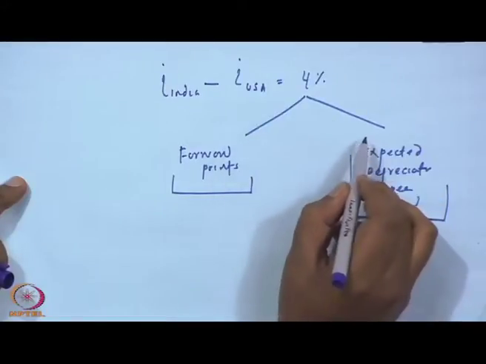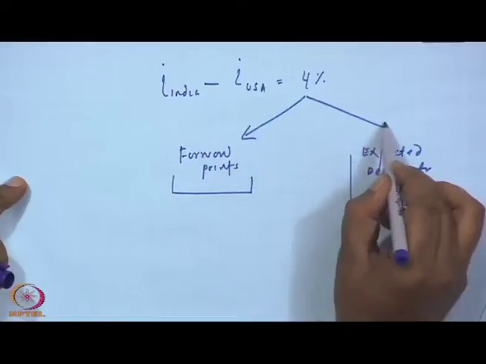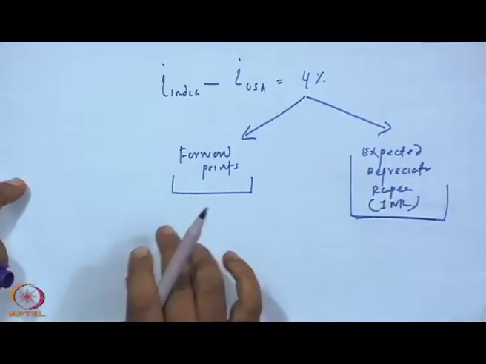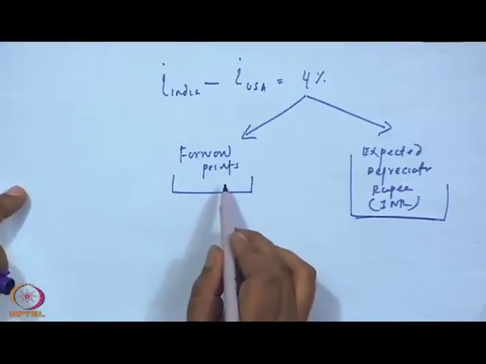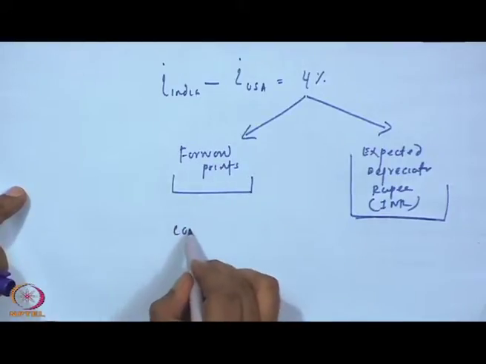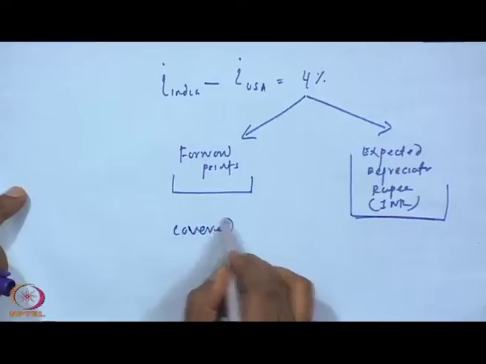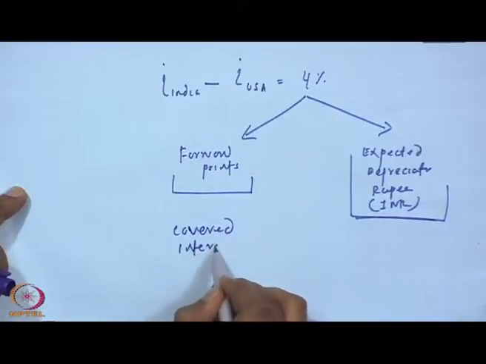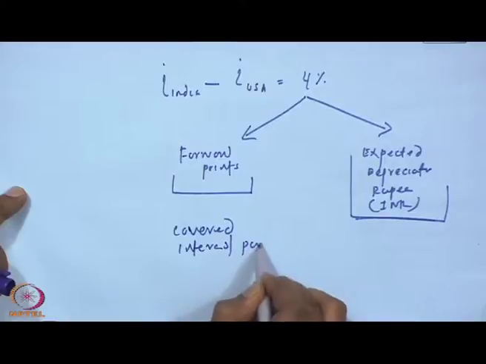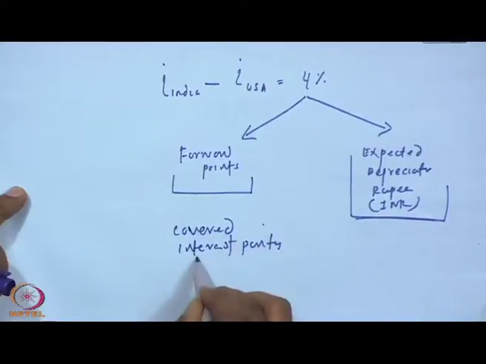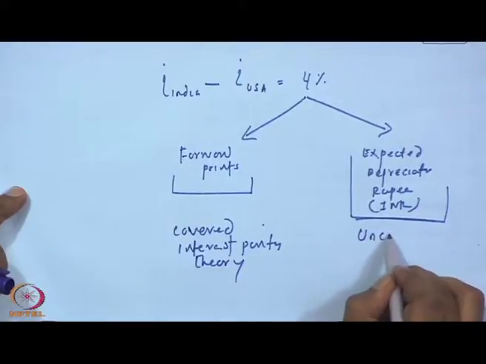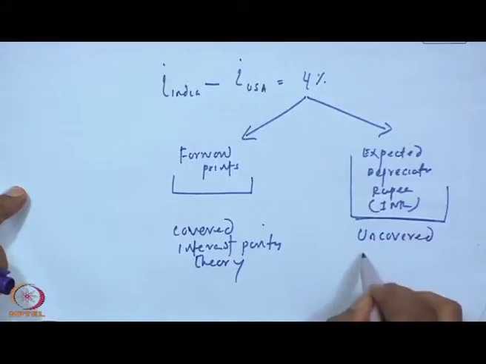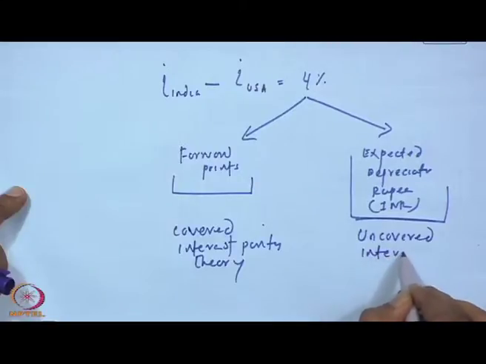either this or that, these two adjustment processes have led to two different kinds of theory. One is the forward point adjustment process, called covered interest rate parity theory. The other is called uncovered interest rate parity theory.